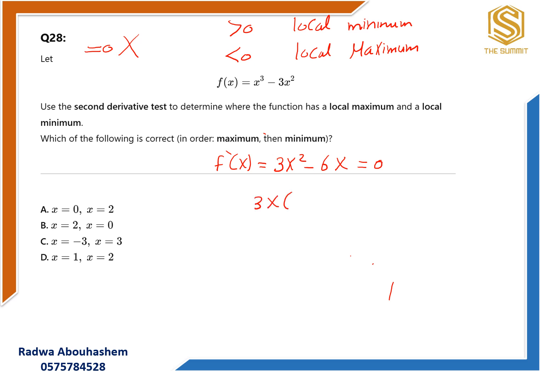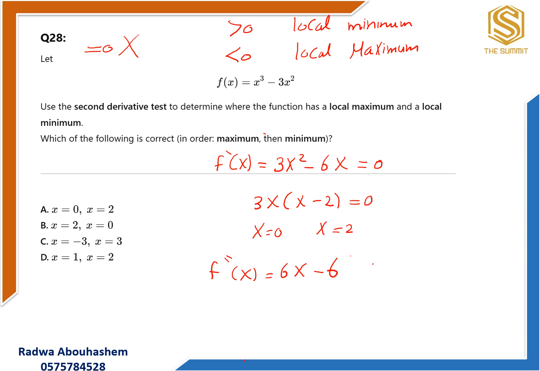I'm going to take the 3x as a common factor, so it's 3x times x minus 2 equal to 0. So maybe x equal 0 or maybe x equal 2. Now, I'm going to take the derivative for the second time. Let's take the derivative: 6x minus 6.